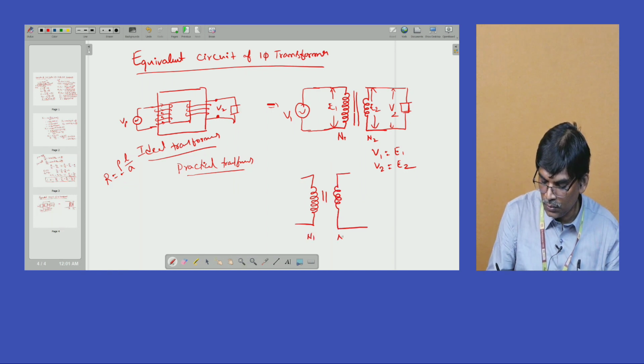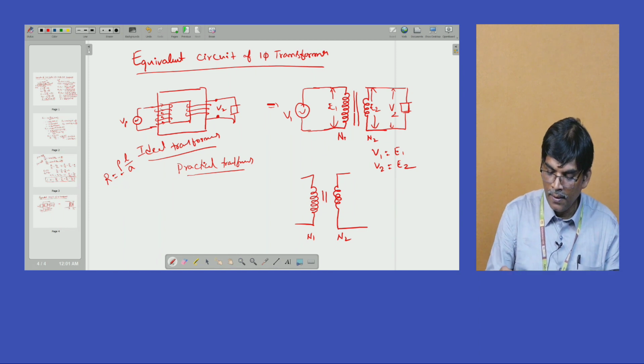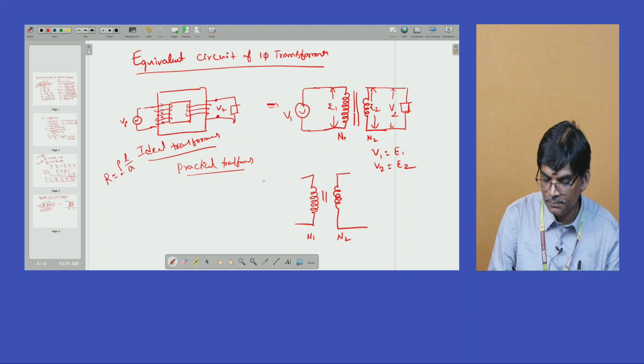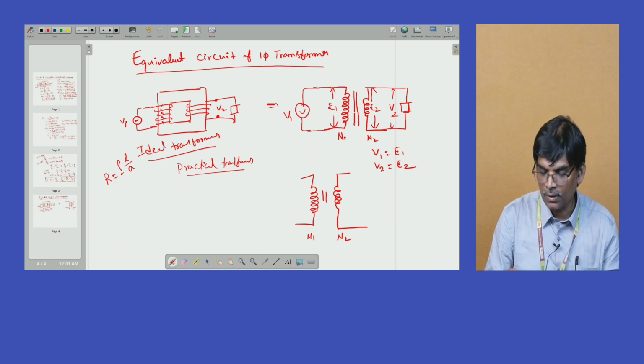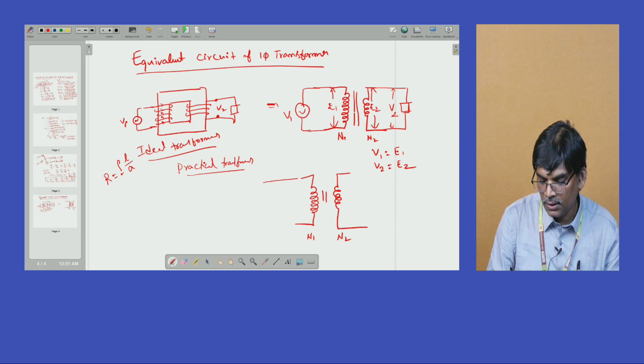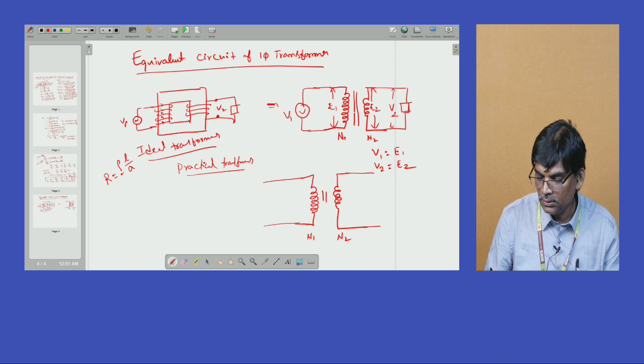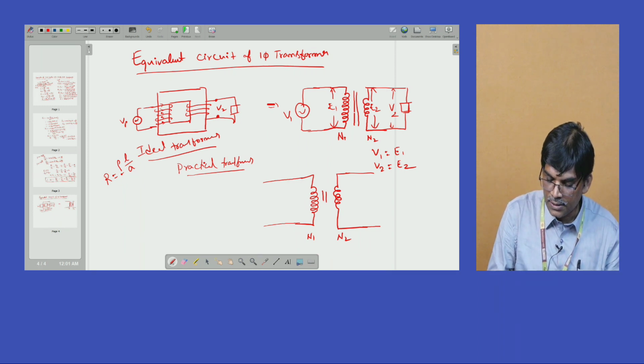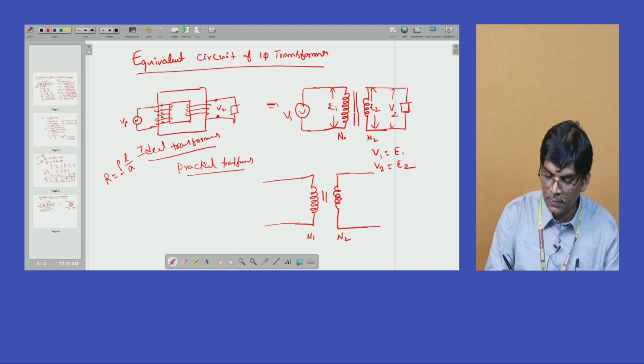So, maybe for the ideal condition, this is the transformer with N1 and N2. Initially we are considering only the no load current, and also there is no loss component. Even in open circuit, the primary carries some current, which is called the no load current.